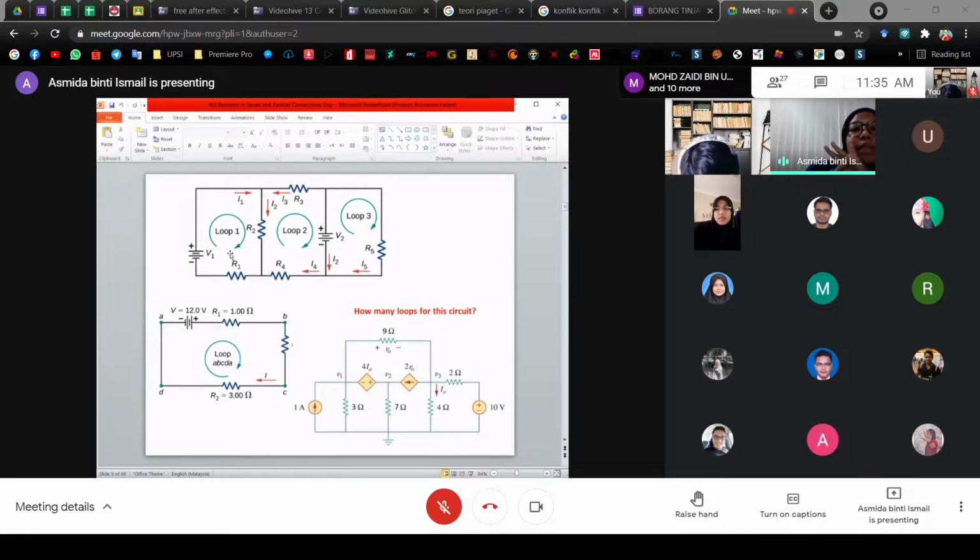This is the first one, this is the second one, and this is the third one. If you look at this circuit, we know there is only one loop here. And if we look at this circuit, we have a one loop, second loop, third loop, fourth loop, and the fifth loop. So kita ada 5 loop dalam ni. Awak boleh nampak dengan mata kasar awak berapa banyak gelung dalam litar tu.